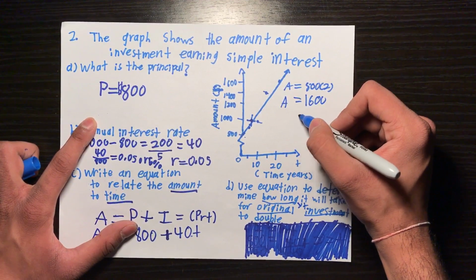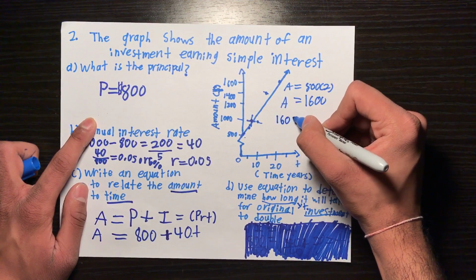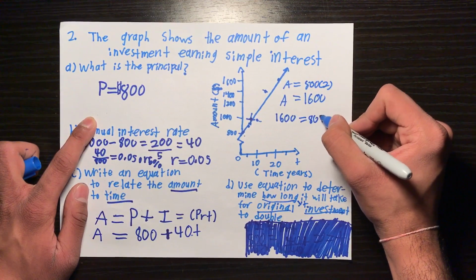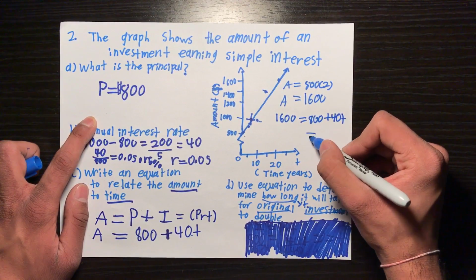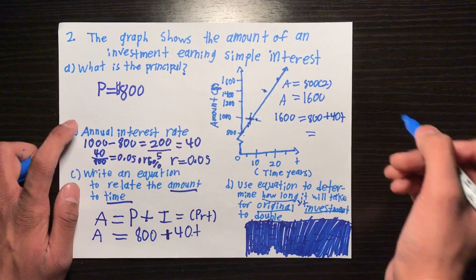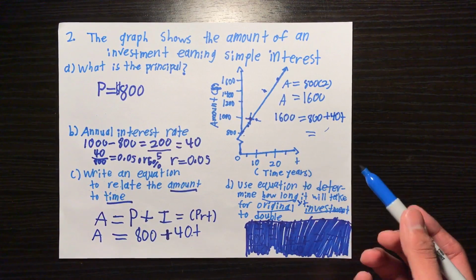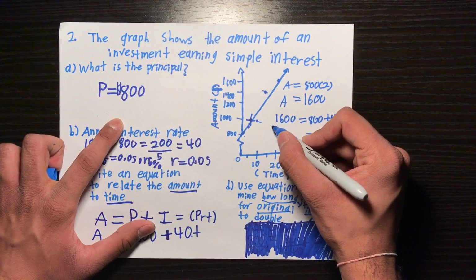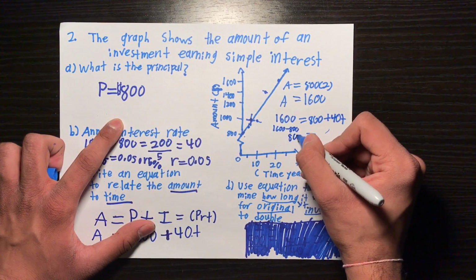And that's your amount. Now, you're going to replace A with 1,600, so 1,600 equals 800 plus 40t. When you evaluate it, you just do reverse order of operations. So you put 800 on the other side. 1,600 minus 800 is 800.